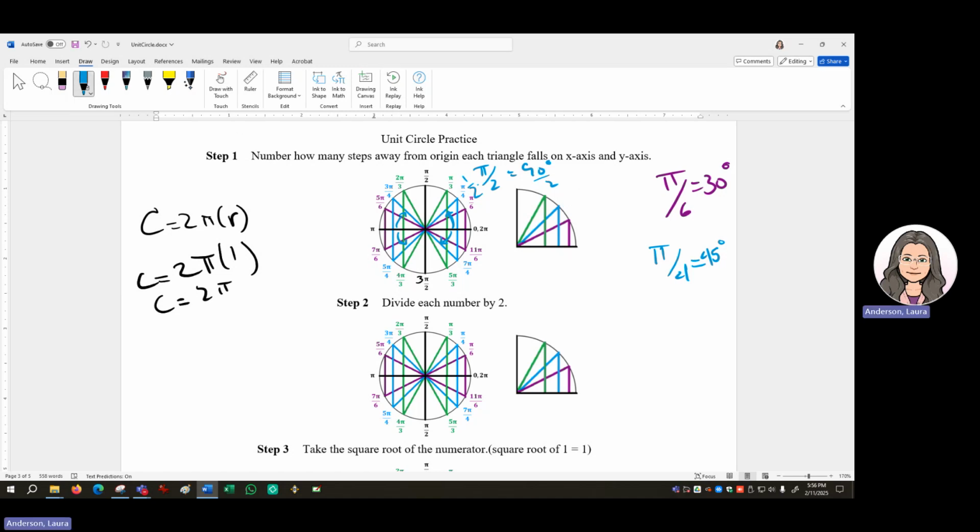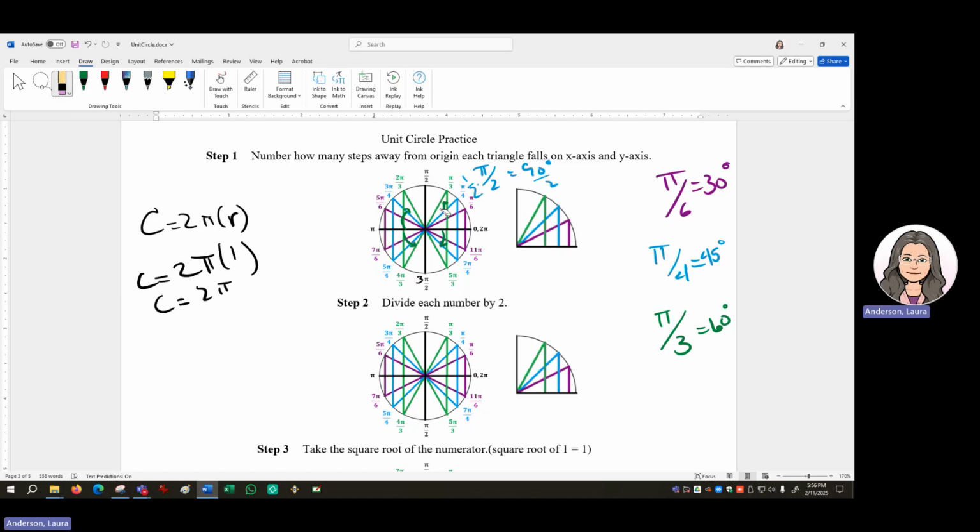And then finally we have our 60-degree angle, and 60 degrees is pi over 3. Our 60-degree angle is 60 degrees from our x-axis. So that's going to be right here, and here, and here, and here.